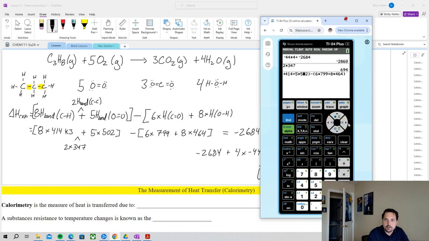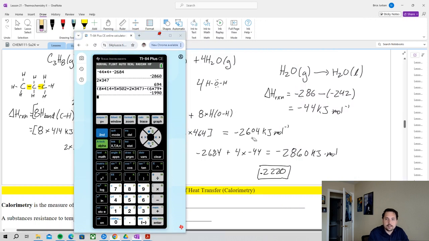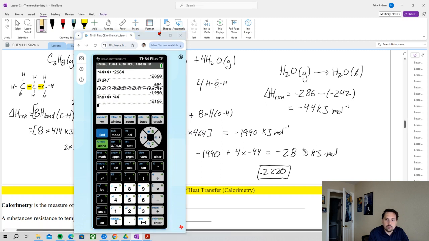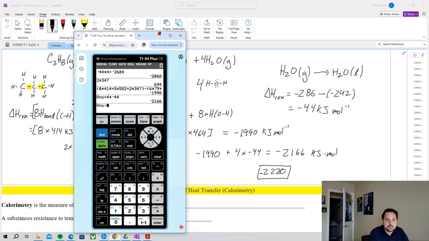It's easier for me to do it this way. 2 times 347. Okay. This value. Okay. And now, are we closer? We're definitely closer. Ooh, I like that better. That looks a lot nicer. Negative 2,166. And that's pretty close.